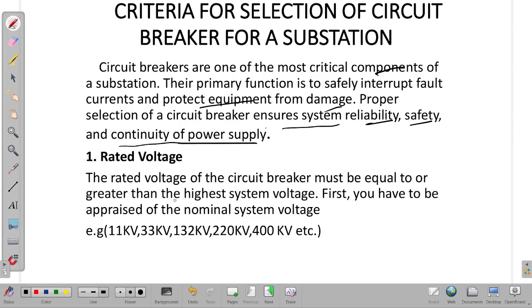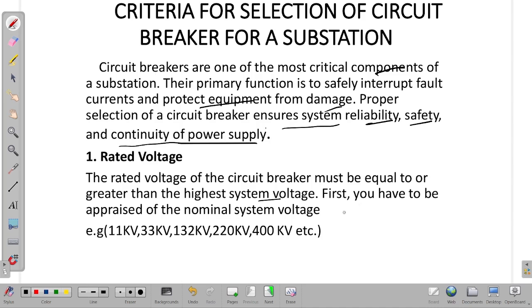The first criterion to consider is the rated voltage. The rated voltage of the circuit breaker must be equal to or greater than the highest system voltage.